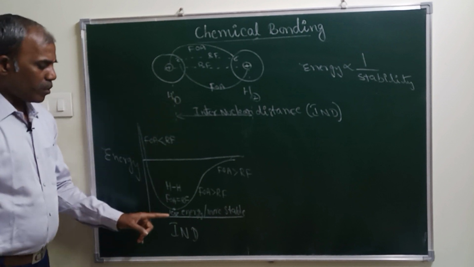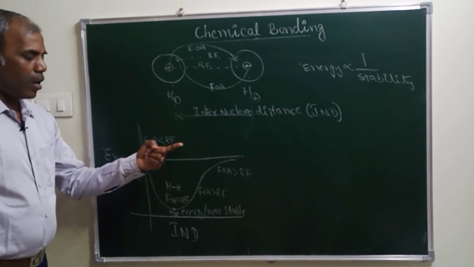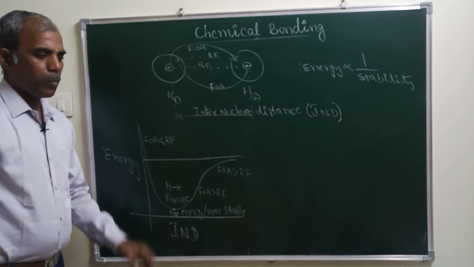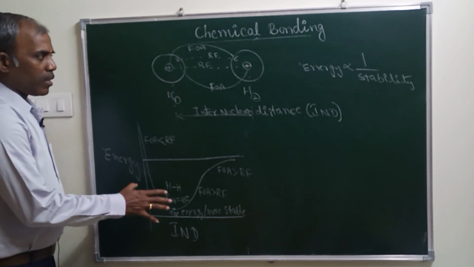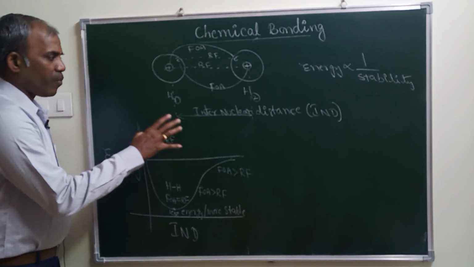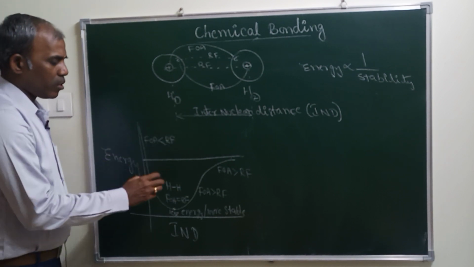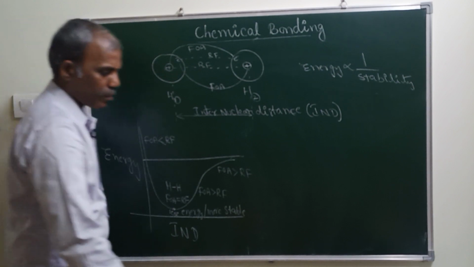So a bond is formed between two atoms of the same element or different elements when the attractive force is equal to the repulsive force. This is the reason why bonds are formed, or an attractive force is observed, between two atoms or two molecules.